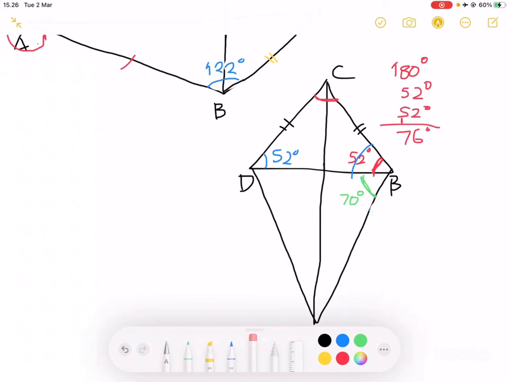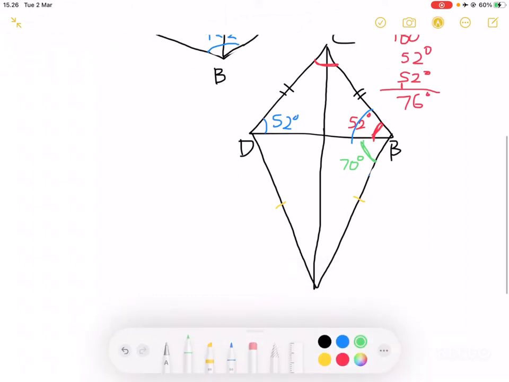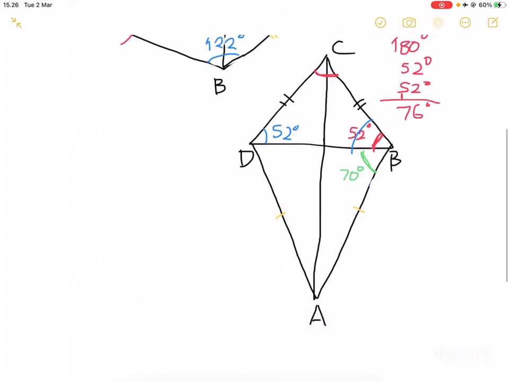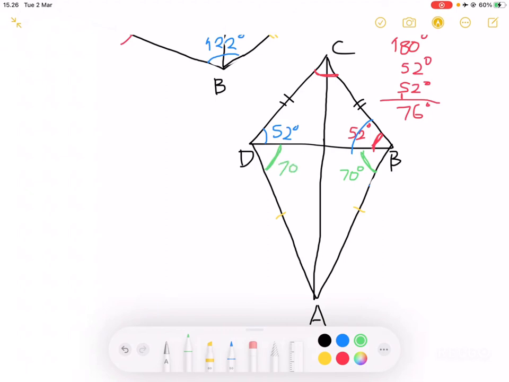Alright, so from the properties of a kite, we know these are equal, and again triangle ADB is another isosceles triangle, which means this bit right here is 70 degrees.